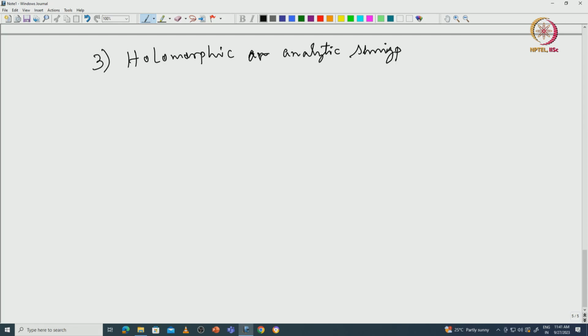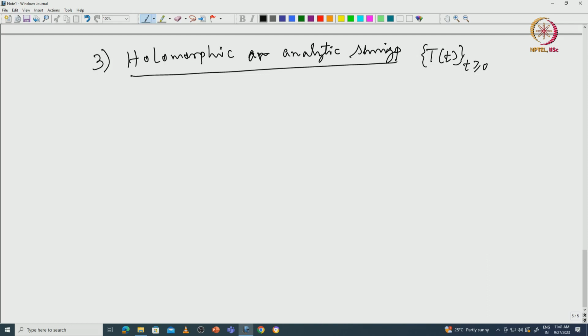I am not going to define what that is, that will take much more time. Just say that if you start with T t, this is only defined for t non-negative, that is on the positive axis. So when we can extend the definition of T t to a small wedge in the complex plane, that will result in a holomorphic semigroup.